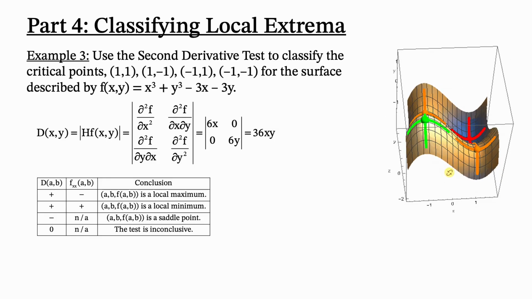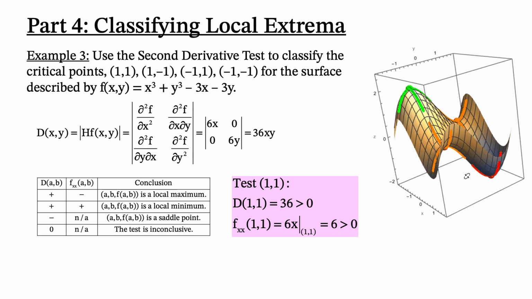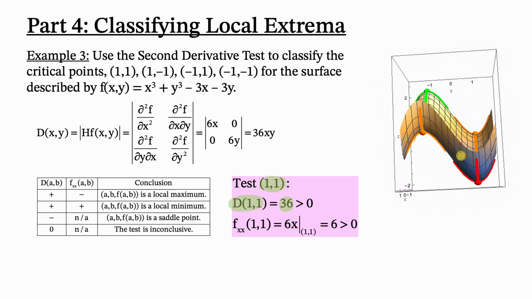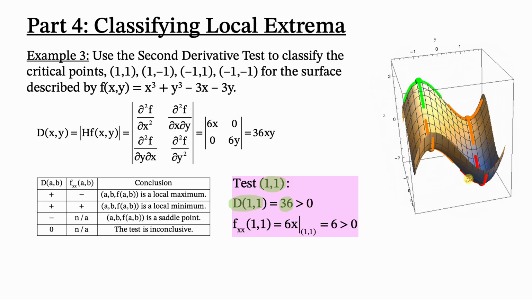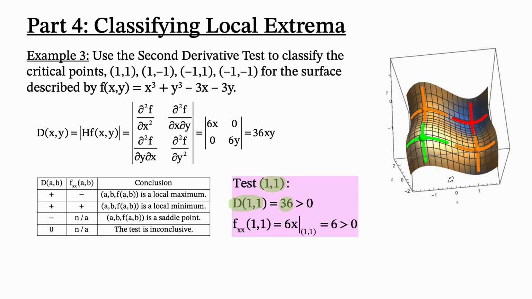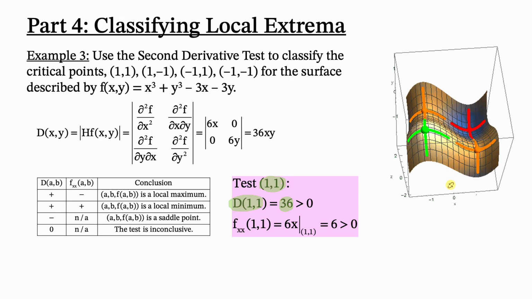So we take our 36xy, and we're just going to test each of our critical points. So I'm going to take (1, 1), plug it into my little tester function. I get a positive number, which tells me that I have agreement in my concavities. What are those concavities? Well, either concave up in all directions or concave down in all directions. How do I figure that out?